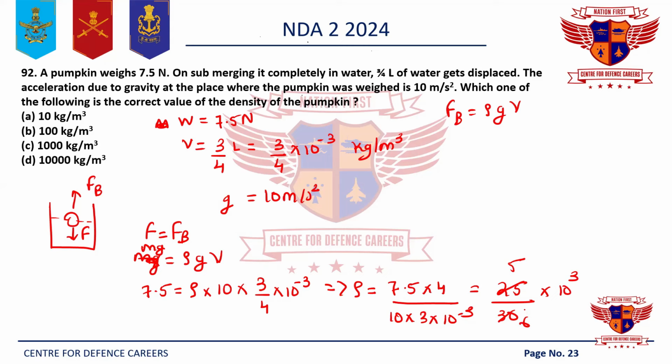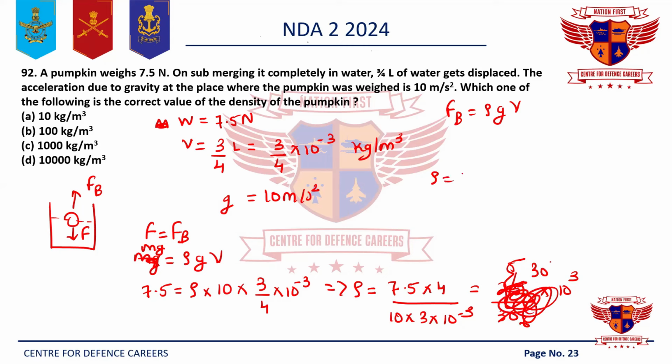Okay, I've made some calculation mistake. Let's check. I'm extremely sorry, this is 30. So let's do the calculation again.